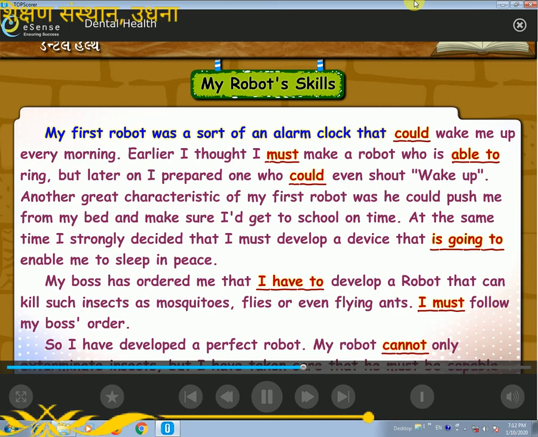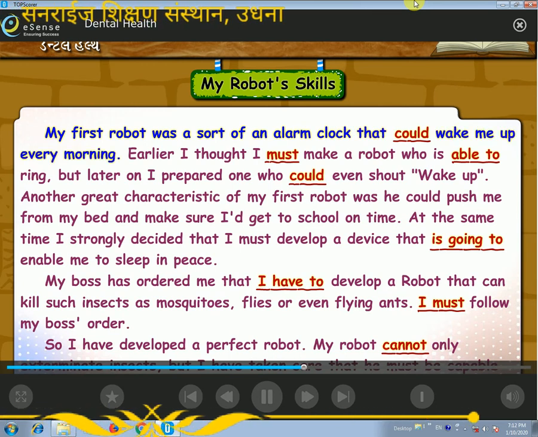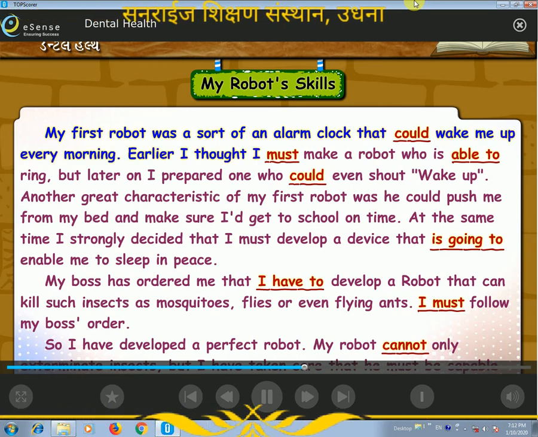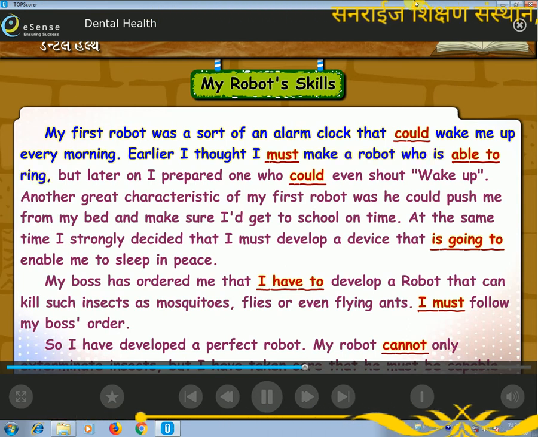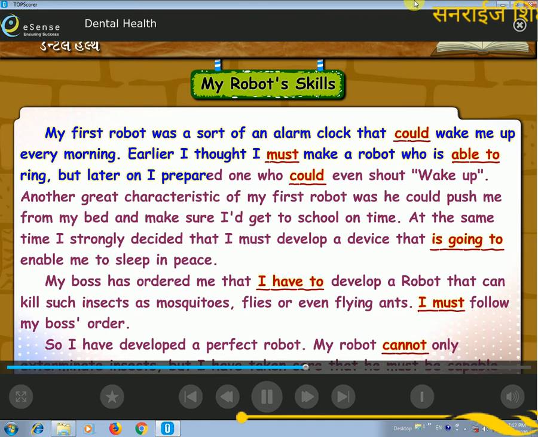Another great characteristic of my first robot was he could push me from my bed and make sure I'd get to school on time. At the same time, I strongly decided that I must develop a device that is going to enable me to sleep in peace.